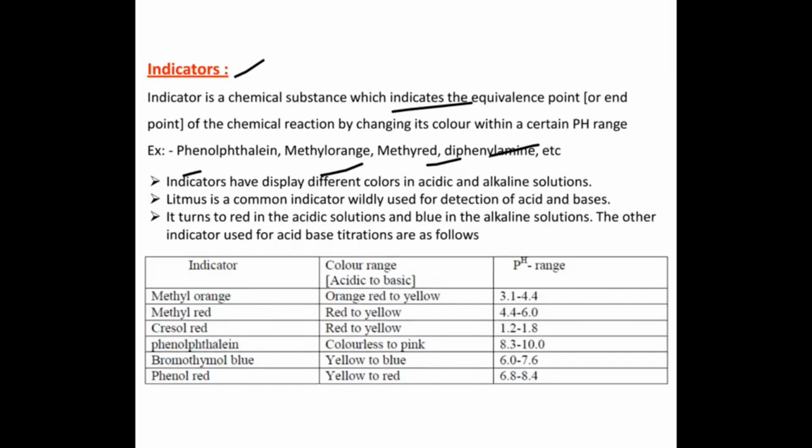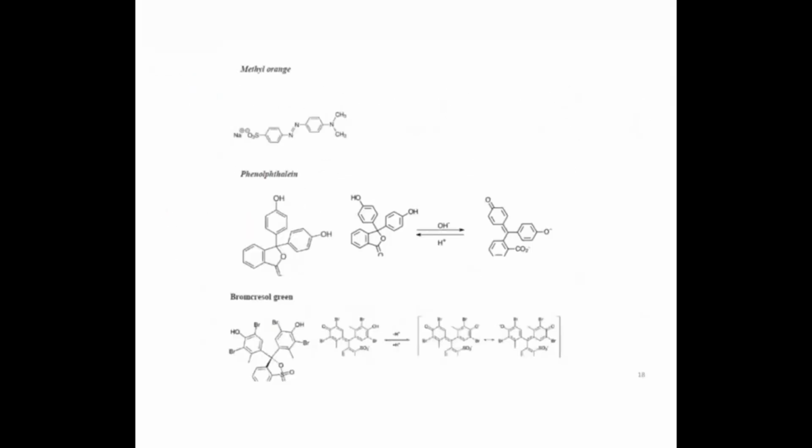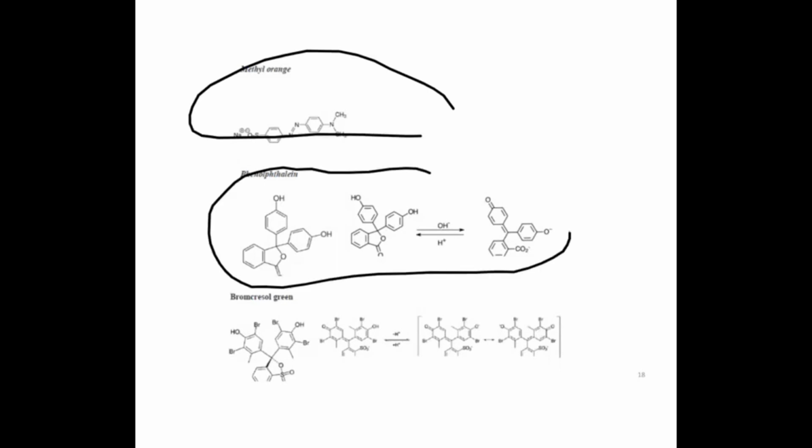Indicators display different colors in acidic and alkaline solution. Next, methyl orange, phenolphthalein indicator, and bromocresol green.